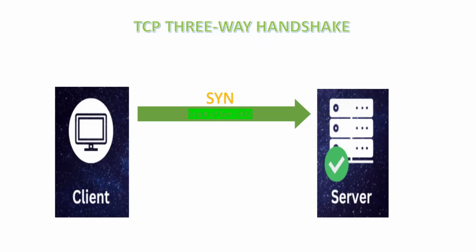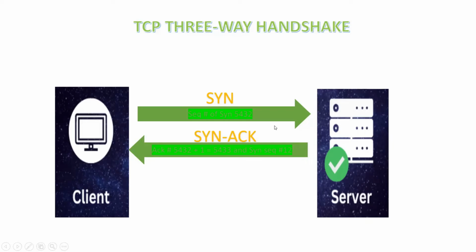Let's take an example. The sequence number of the SYN coming from the client to the server is 5432. When the server gets this request and is ready to talk, it will send an acknowledgement back, and it will also send its own SYN.